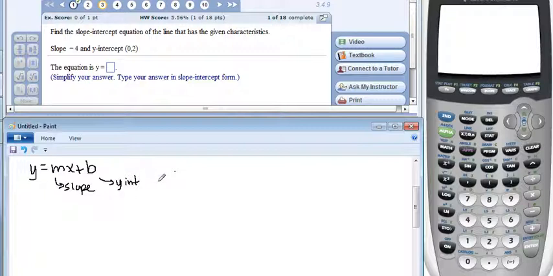This time we've been given it and it's super easy. I mean, we know that the slope is -4, so I just slap that in where I see the m, and the y-intercept is a +2. Okay, that's just too easy. This is slope-intercept form. Okay?